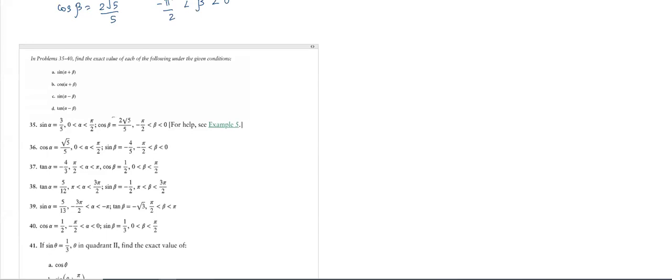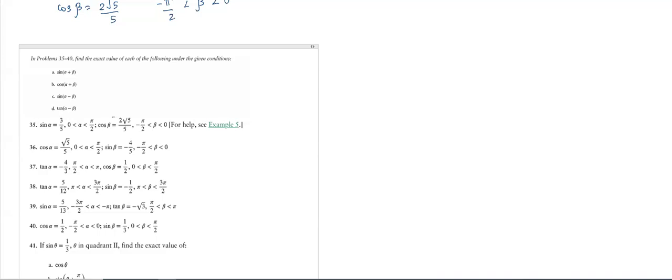So question number 35. What I'm given is sine alpha is 3 over 5, and the interval for alpha. Next one is cosine B is 2 root 5 over 5, with B between negative pi over 2 and 0.